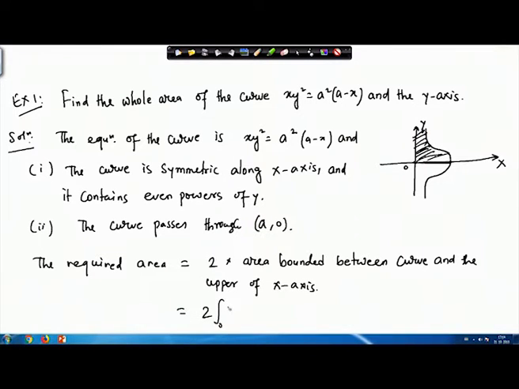So we can write integral from 0 to infinity x dy, and this can be written as 2 times integral from 0 to infinity. The x value can be calculated as a cube by a square plus y square, and from here we can write dy.